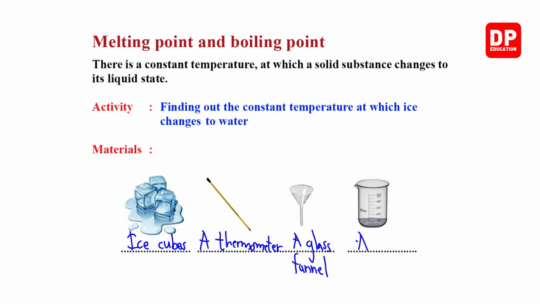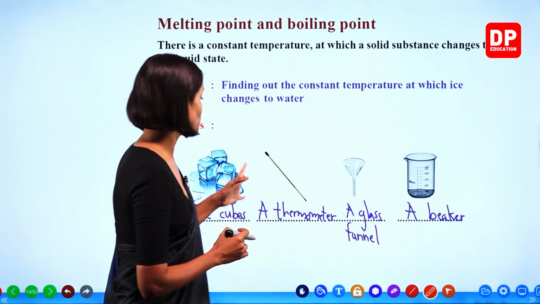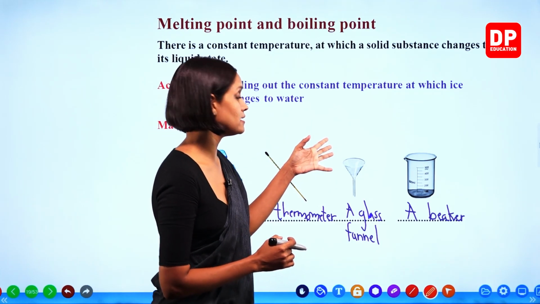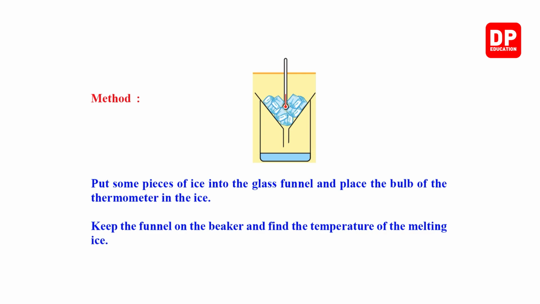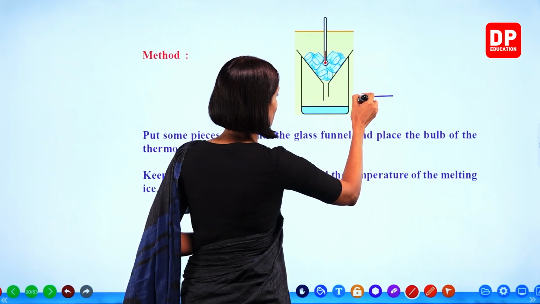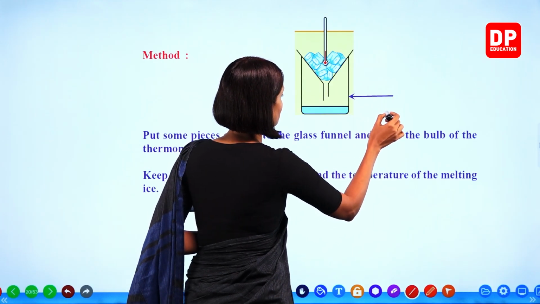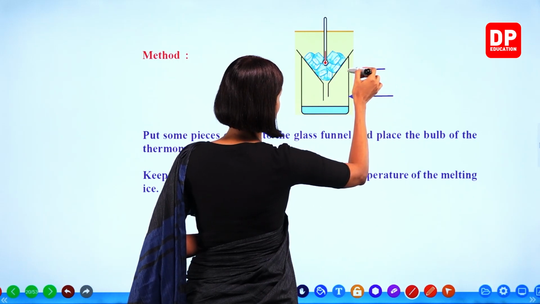And a beaker. Ice cubes, a thermometer, a glass funnel, and a beaker. So how to do this activity? First of all, we will label this diagram. Whenever you draw a diagram, make sure you label it. By drawing a diagram, we can understand the experiment better.